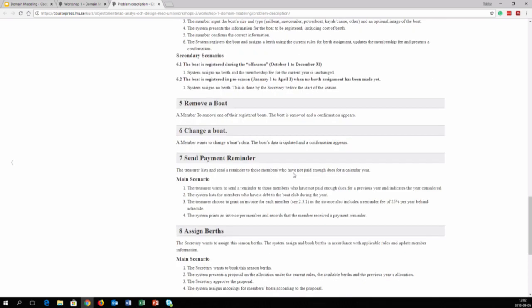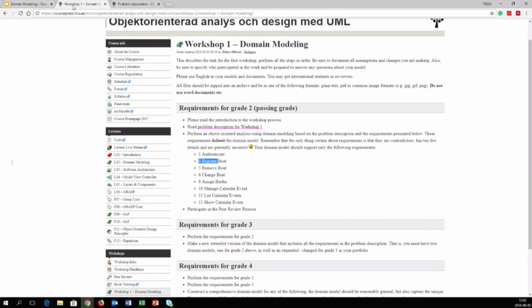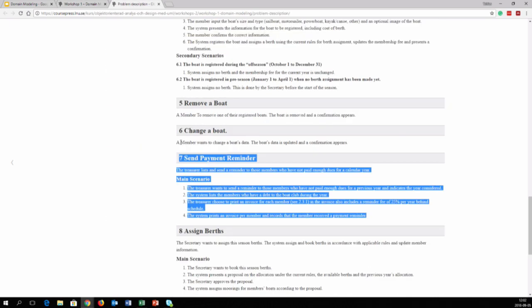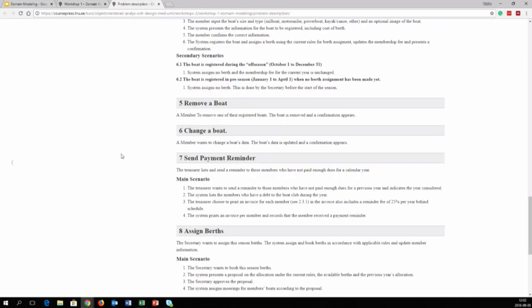But I don't think, for example, this requirement is included. No, not number 7. So think about the requirements that you're actually supposed to have for grade number 2. I think it's the next grade that takes care of a lot of the payment requirements, for example. Right?